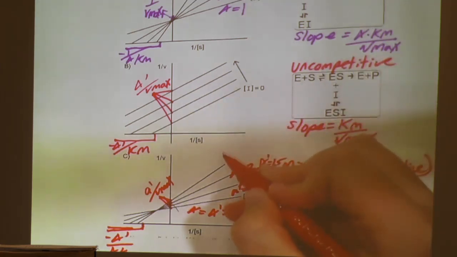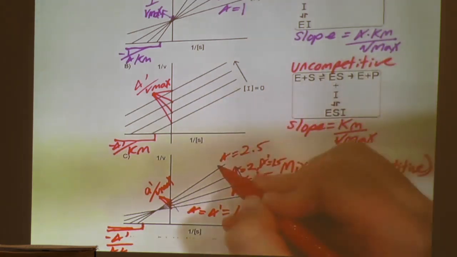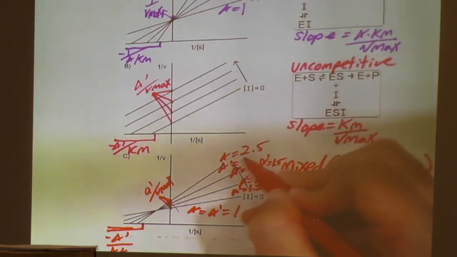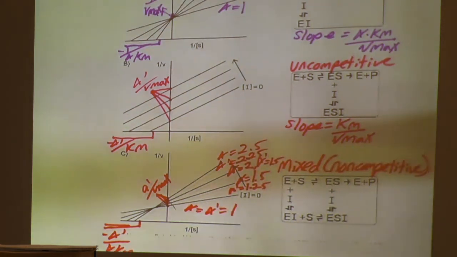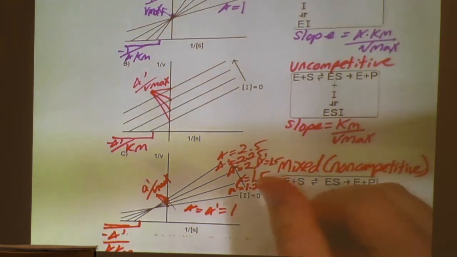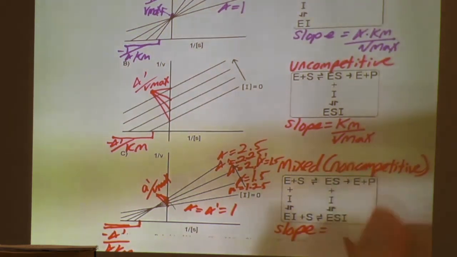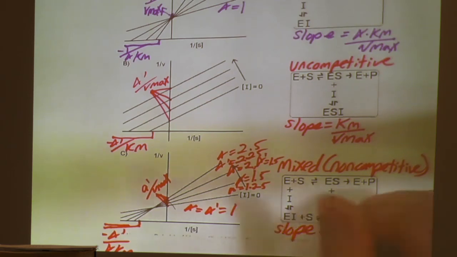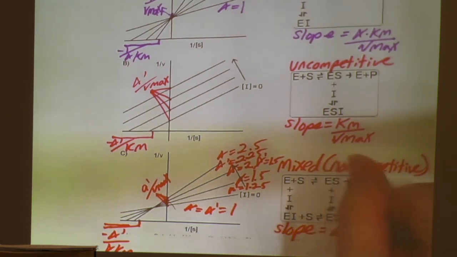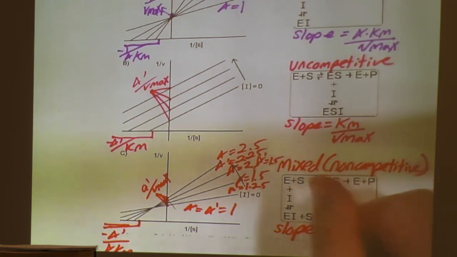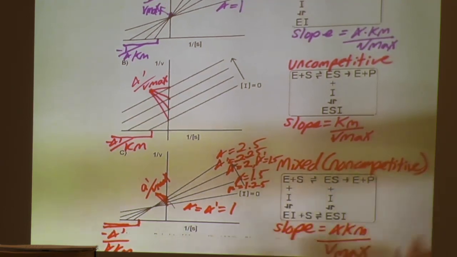And then for the last line, alpha is equal to 2.5, and alpha prime is equal to 2.25. Okay? All right, so what is the slope of mixed or non-competitive inhibitors? It's alpha times Km over Vmax. All right?